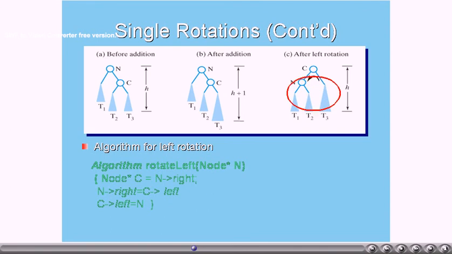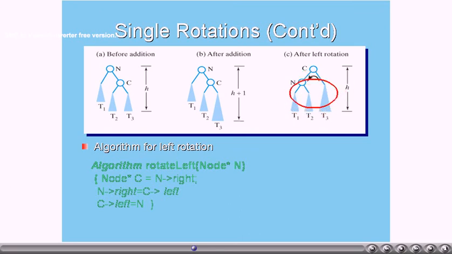Remember that if the tree we have shown is rooted at N, and is the support of another tree, for example N was previously a left child of some other node of some other tree, then into that place C will come. That is the first important aspect.